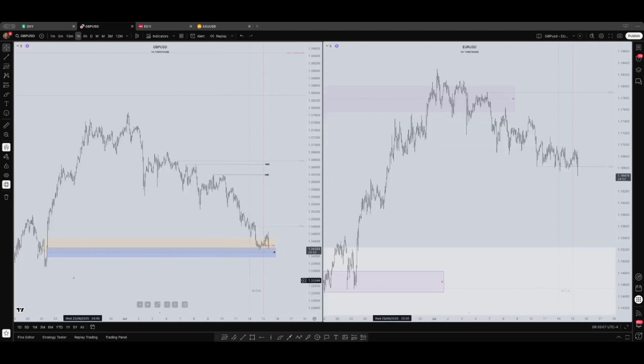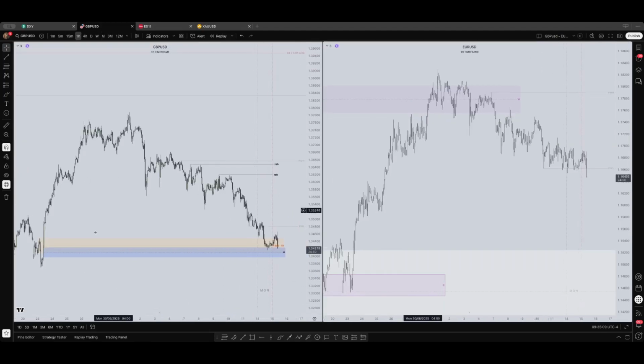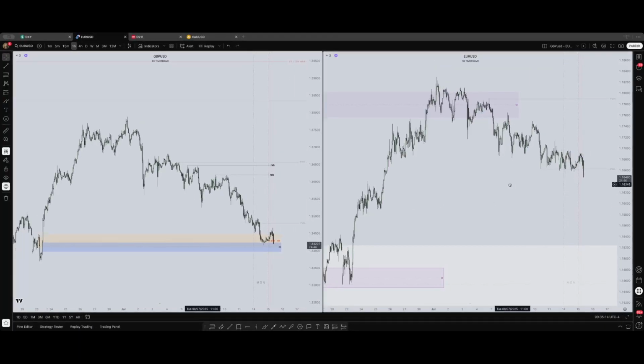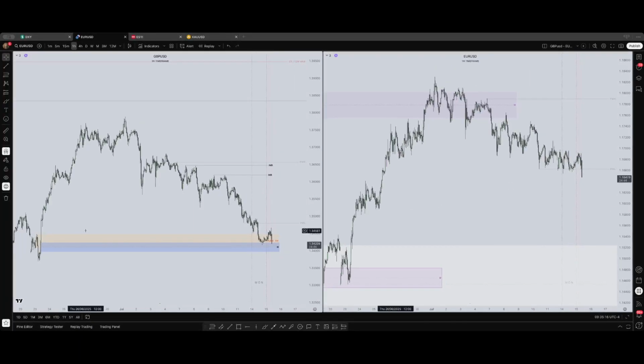We'll make it bigger like this. Monday 3rd, 23. So let's see how price now reacts in GBP/USD here in this hourly fair value gap.